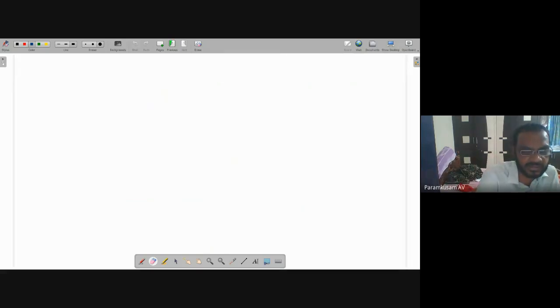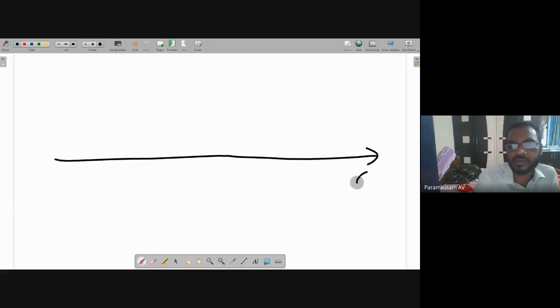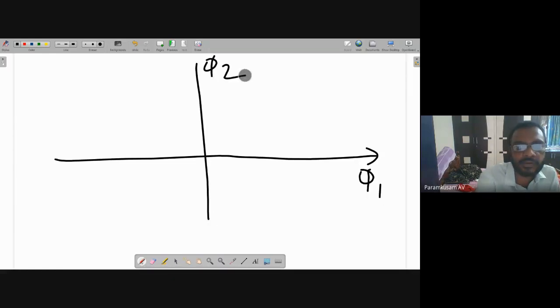నెక్స్ట్ ఇంకా పాయింట్స్. This is π1. This is π2. ఫైనల్గా ఒక సర్కిల్ లాంటిది వస్తుంది. సర్కిల్ విత్ రేడియస్ ఎంత? రేడియస్ √E.